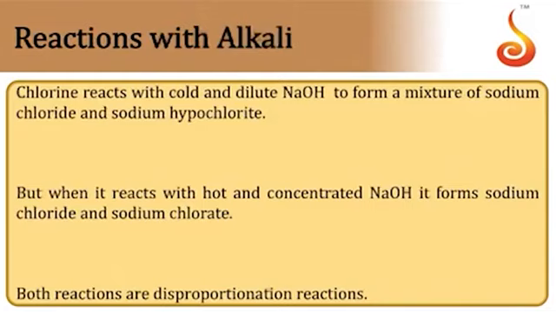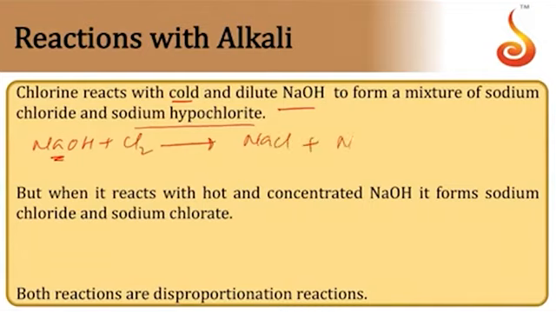Then reaction with alkalis. With cold and dilute NaOH, it forms sodium hypochlorite. That is NaOH plus chlorine gas, under dilute and cold conditions, forms NaCl plus NaOCl plus H2O.